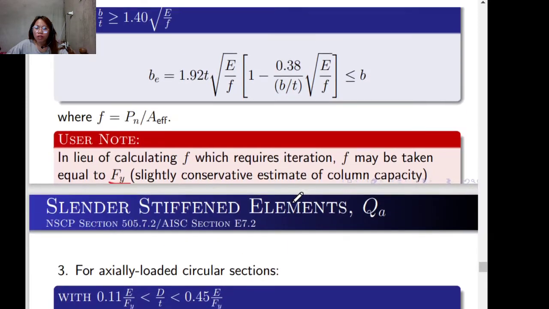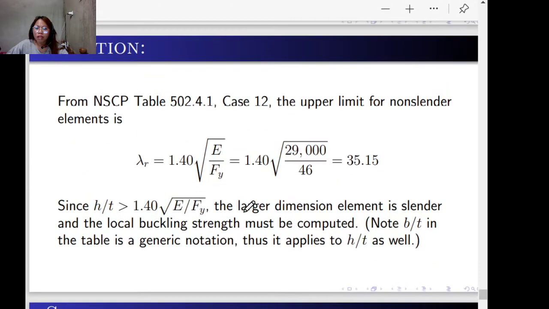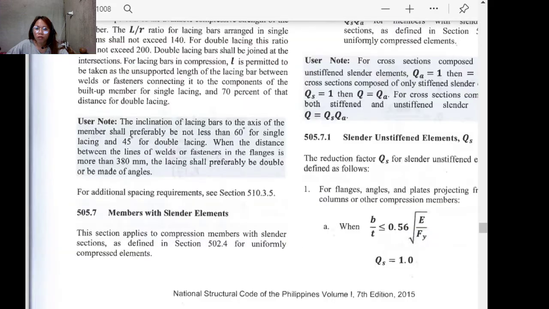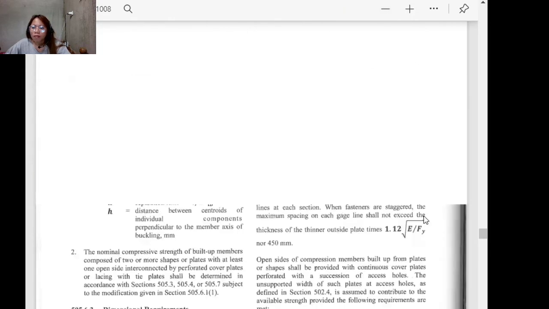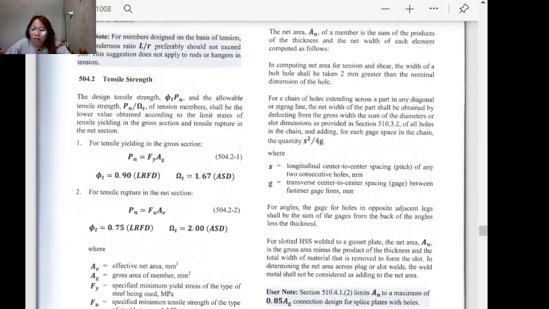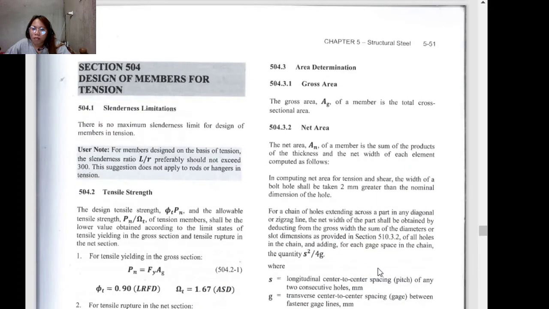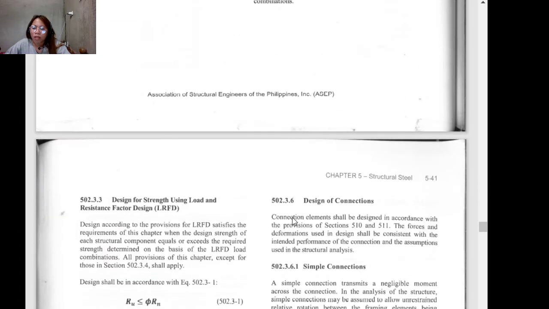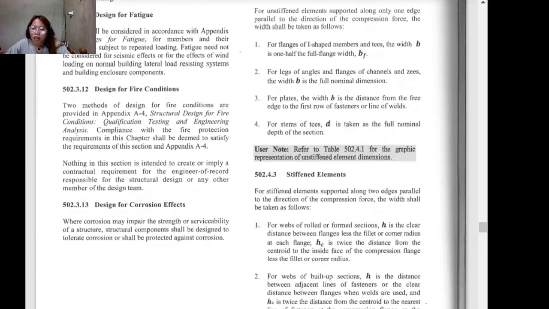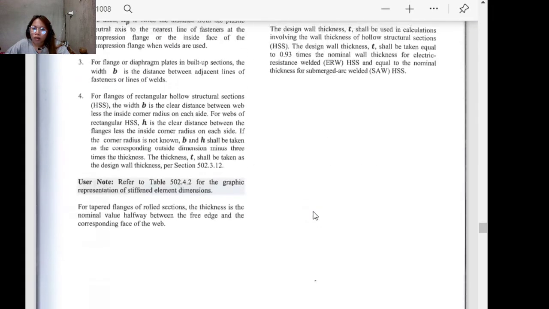Table 502.4.1. Okay, let's look at this in the NACP. Table 502.4.1.